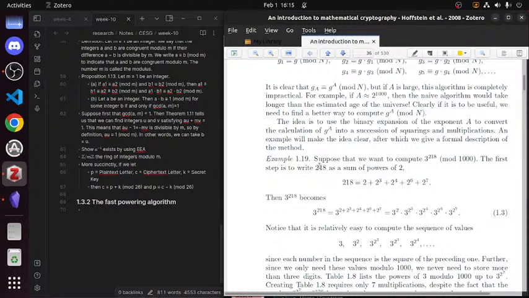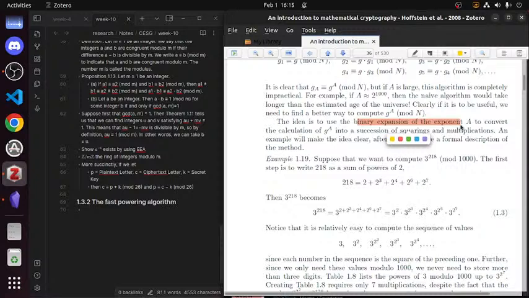The first step is to write 218 as a sum of powers of 2. So you're adding up all these powers together: 2, 2 to the 3, 2 to the 4, 2 to the 6, 2 to the 7, and you write them all up as a sum. Then 3 to the 218 becomes 3 to the sum of those powers. That's what it means by a binary expansion of the exponent. I'm going to write this one down for myself.